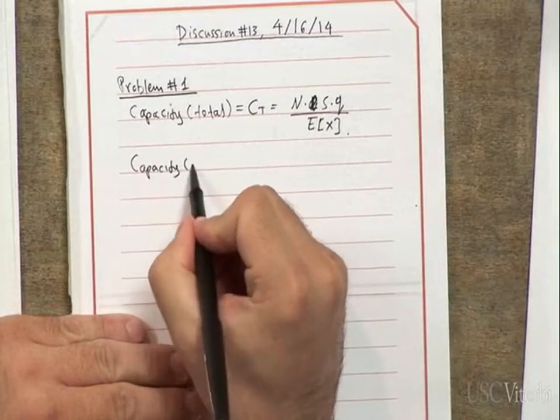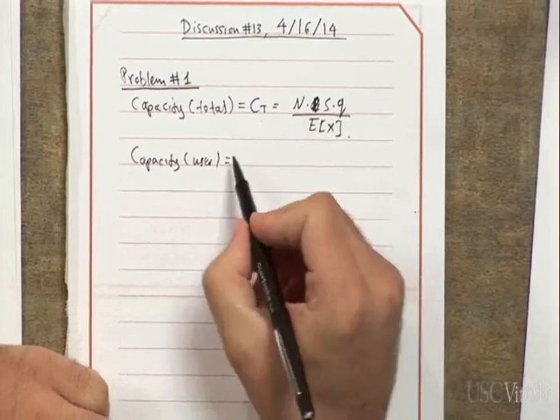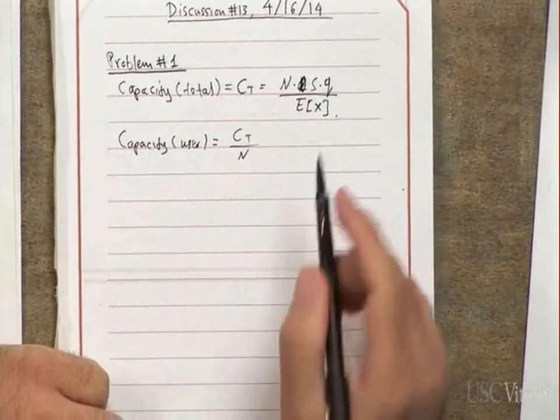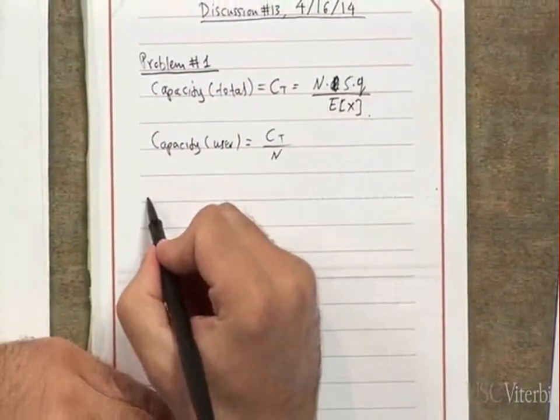Capacity per user equals CT total divided by N. We just eliminate N.